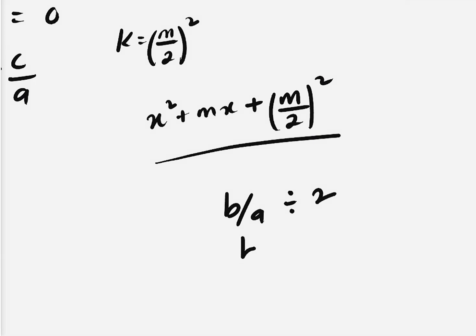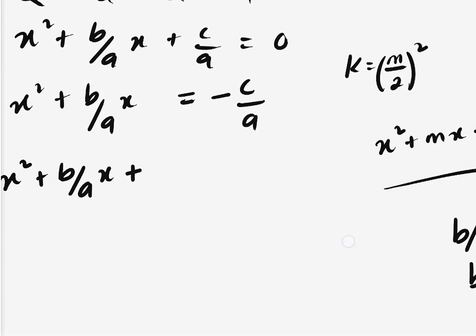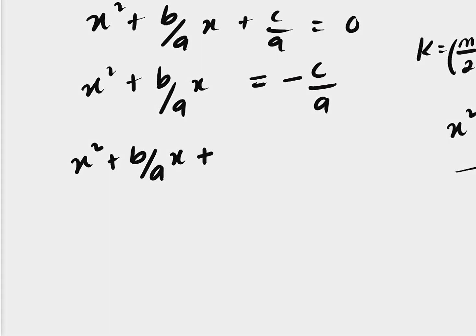So we are going to have b over a times, this is the law of reciprocation, 1 over 2. Then we have b over a times 1 over 2 is b over 2a. So dividing b over a by 2, we get b over 2a. Then we need to square, that will be b over 2a all squared. So this is what we're going to add to the other side of our equation.